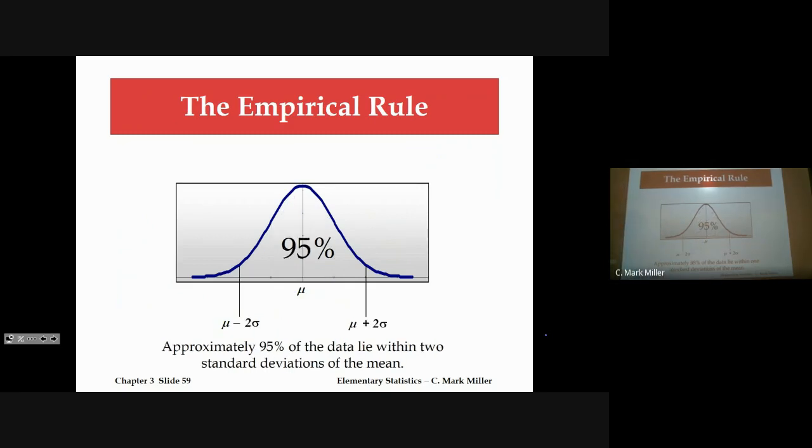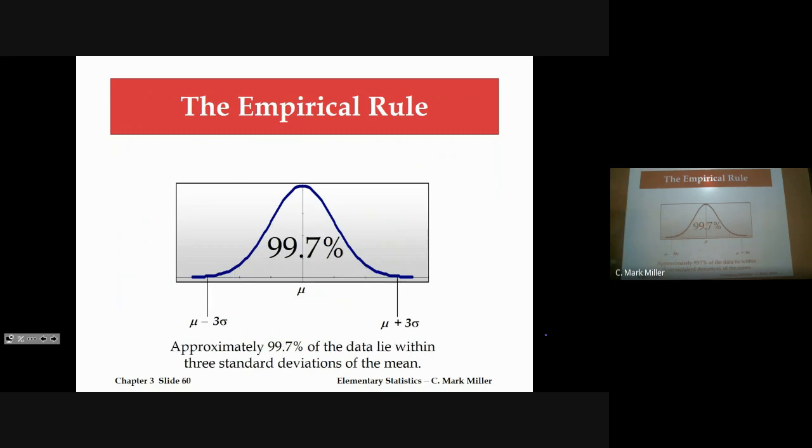If you go out 2 standard deviations, 95% of the data lie within 2 standard deviations of the mean under the assumption that the data are symmetric, mound-shaped, bell curve-ish. It's called the empirical rule. Within 3 standard deviations, you have almost all of the data, almost. 99.7% of the data lie within 3 standard deviations of the mean. You got a little bit out here and a little bit out here.